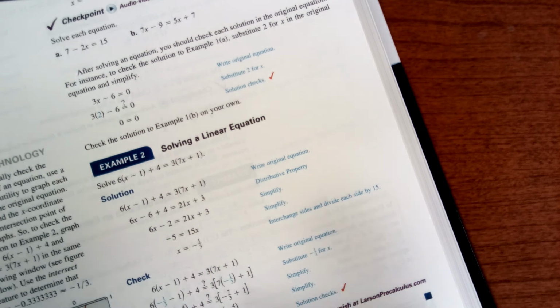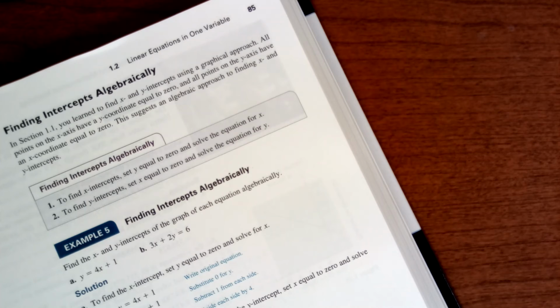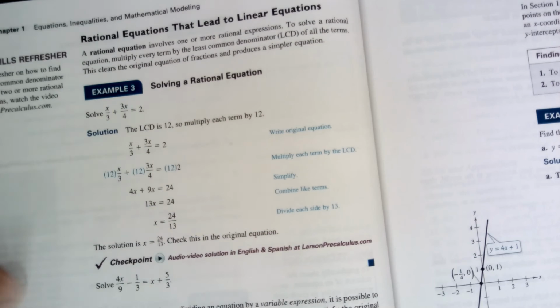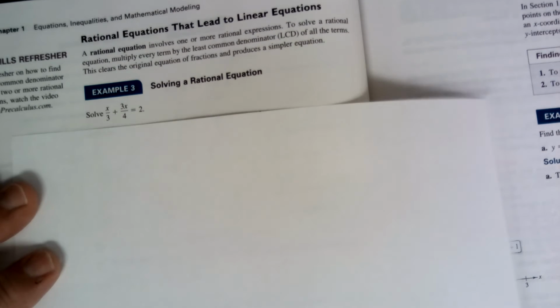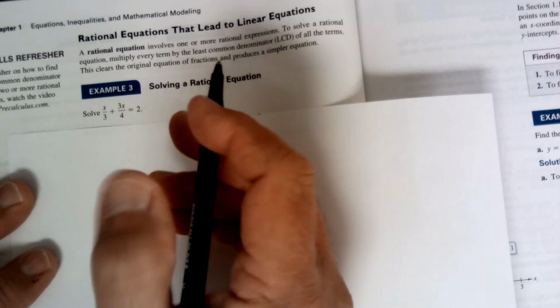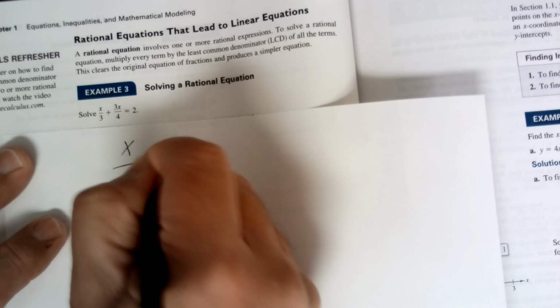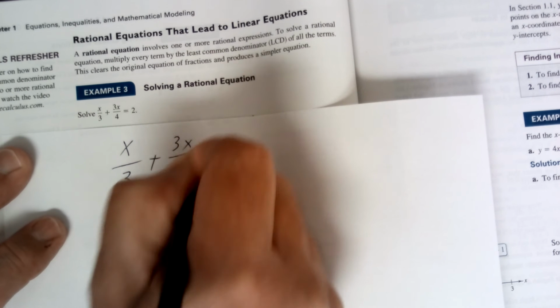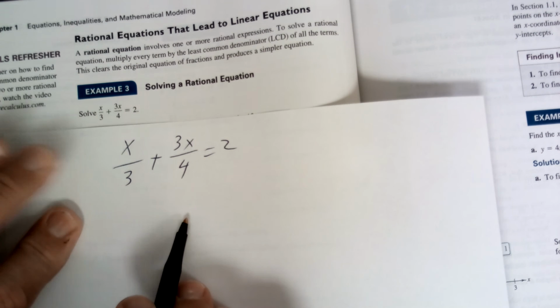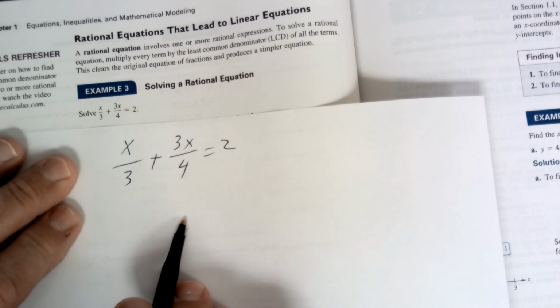Okay? Let's turn now to the next part here, and this is section 1.2, just so you know. Okay, solving this. So look up here. This one right here, and I want you to write this one down. So put x over 3. All right, so your least common denominator here is 12, 4 times 3.